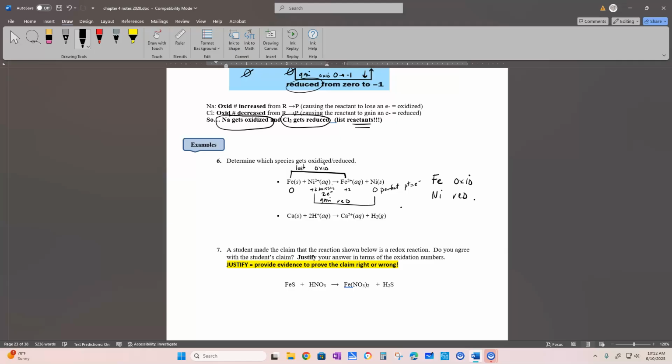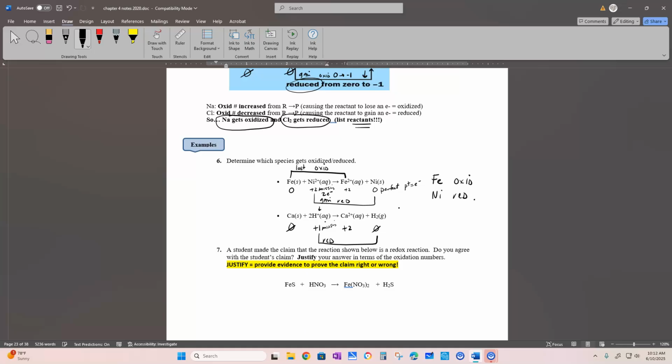Okay, like I said, you could put the Ni +2 on it, or you could just put the symbol. Calcium, elemental form, 0. Hydrogen, I see that charge right there, so +1. Calcium +2, and neutral diatomic hydrogen 0. Hydrogen went from +1 to 0, so he was already missing an electron, and now he went perfect.